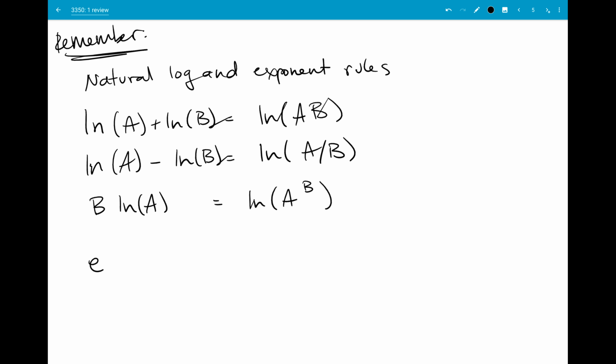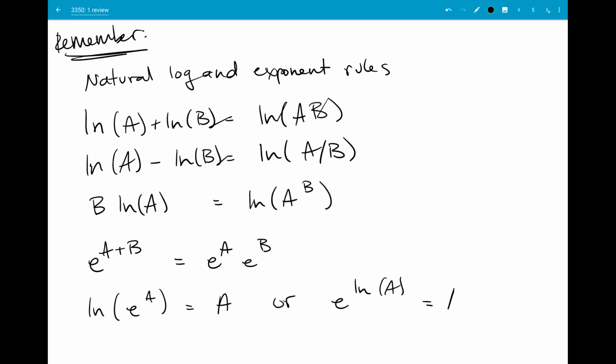And then exponents, e to the a plus b is the same as e to the a times e to the b. We use that a bit as well. And I guess that ln of e to the a is just a, or e to the ln of a is just a.